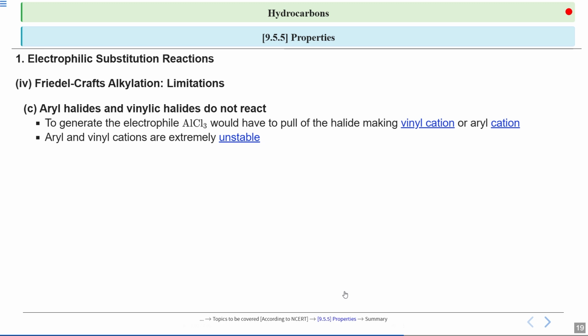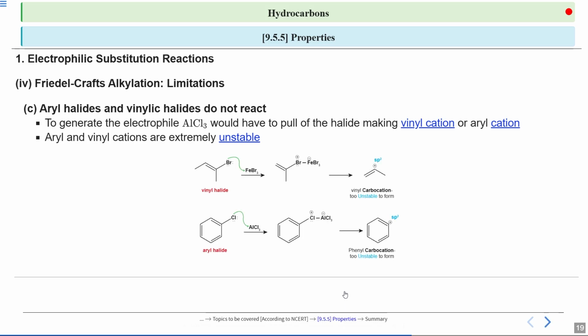It is very difficult to create an aryl or vinyl carbocation, because they have an sp2 carbon with a positive charge, and sp2 carbons are more electronegative as compared to sp3, and electronegative elements do not appreciate positive charge. As a result, they are difficult to form, or unstable if they are formed. For example, if you are taking a vinyl halide, as given in the example, and you react FeBr3 with this, what will happen?